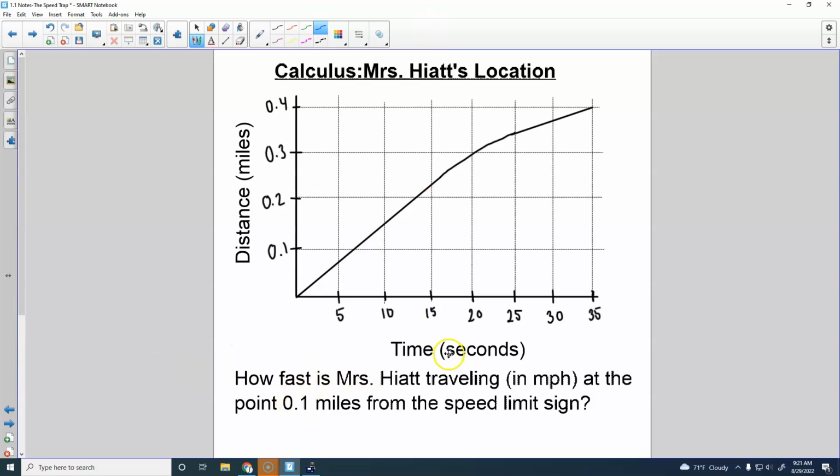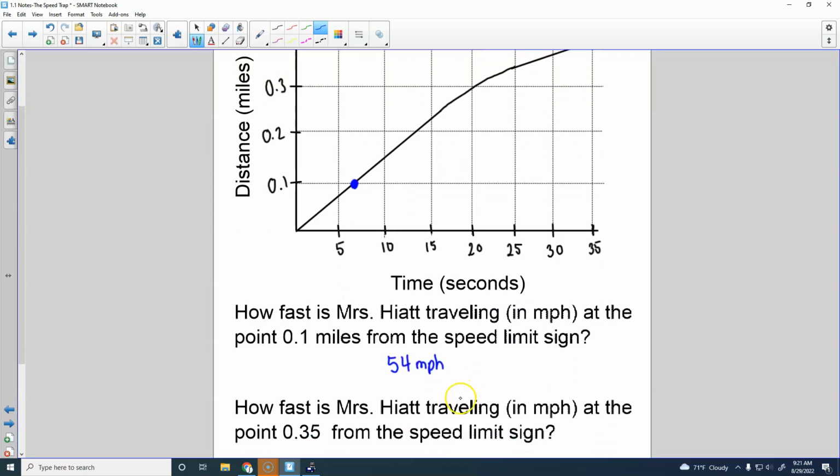So if we look at this, at the 0.1 miles, how fast am I going? Again, nothing changed, so we're not actually going to figure this out. It's the same, right? It was 54 miles per hour. Okay?